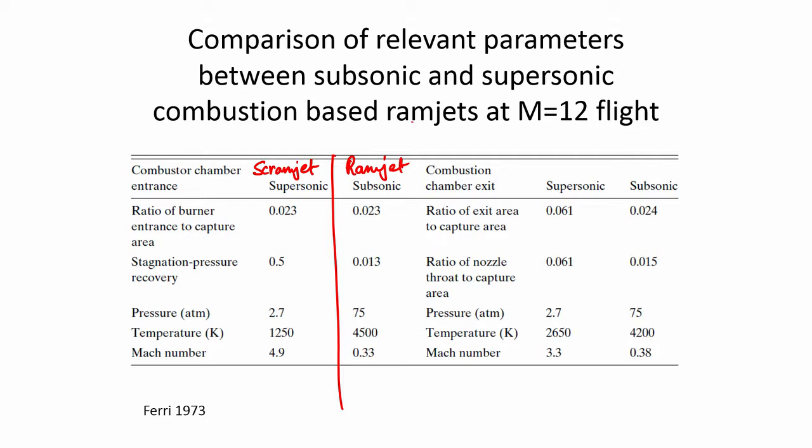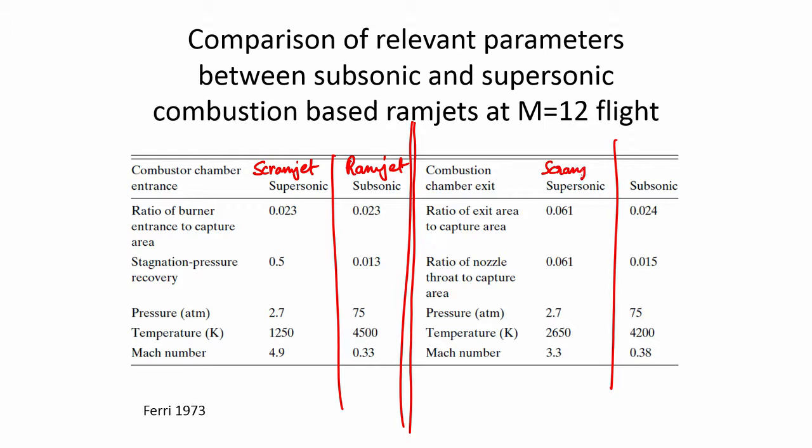And this is once again a scramjet, and this is a ramjet. So the ratio of burner entrance to capture area is the same in both cases.